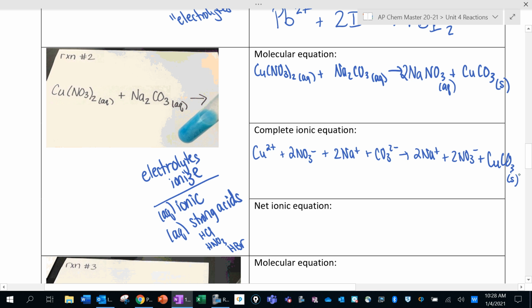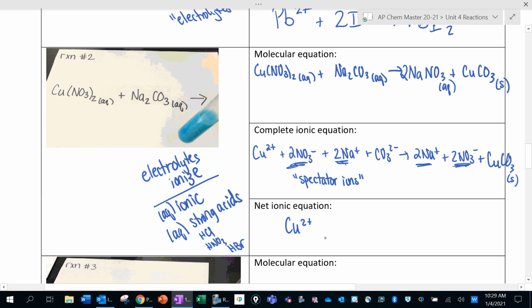And then to get my net ionic equation, I'm going to look for the spectators, so the things that don't actually change. So like nitrate, you see how it's exactly the same on the left and the right? Same thing with sodium. They're not actually reacting, they're just kind of hanging out and watching. So we call these ones spectator ions. And we eliminate the spectator ions to get the net ionic equation.